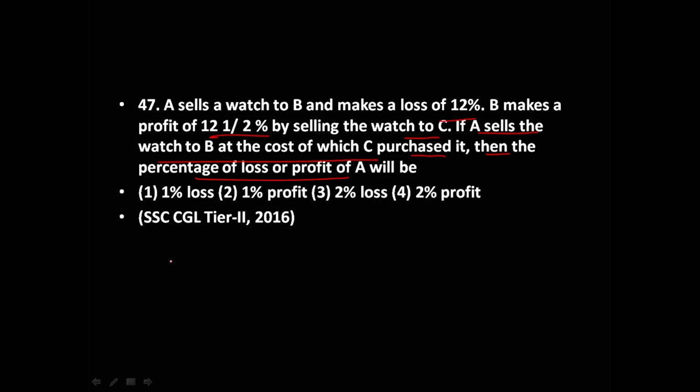What is the formula? It's plus or minus x, plus or minus y, plus or minus x into y by 100. So how will you solve it? Firstly, it is a loss of 12%, so minus 12. Then it's a profit of 12.5, so plus 12.5. Then minus 12 into 12.5 divided by 100, which is minus 1.5.